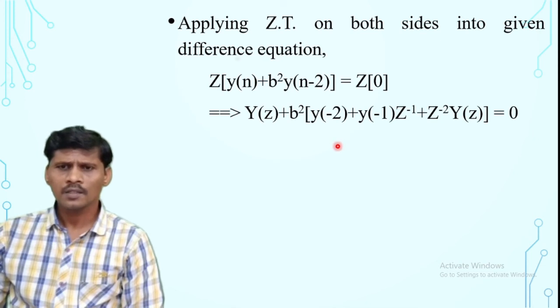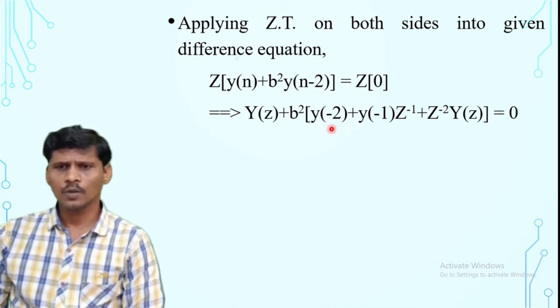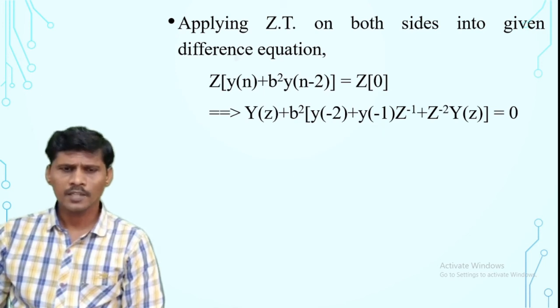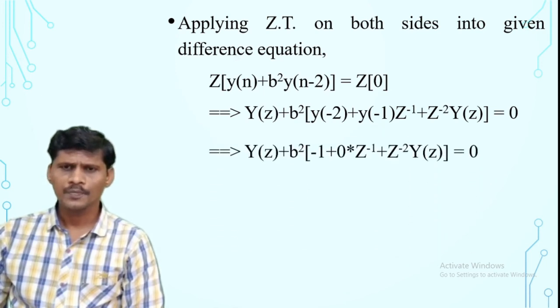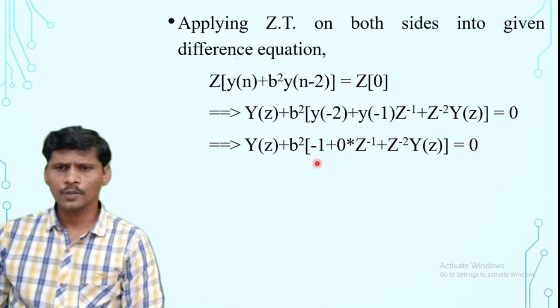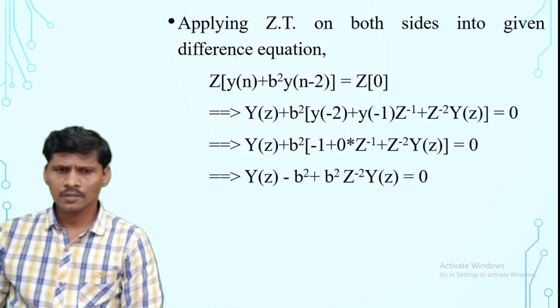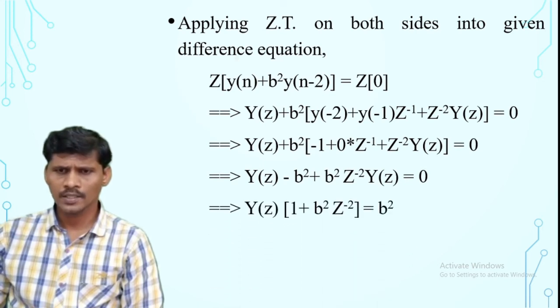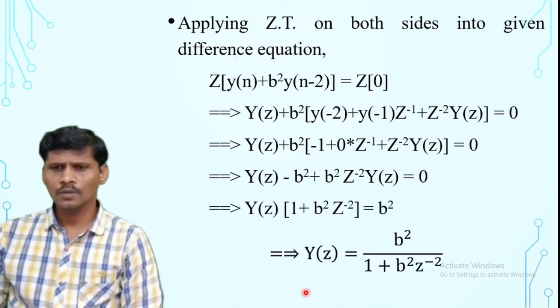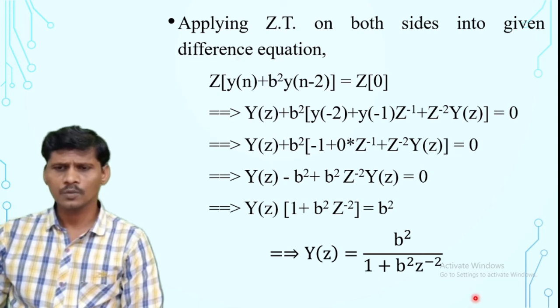Now applying the given initial conditions, y of minus 2 is minus 1 and y of minus 1 is 0. So therefore, y of z plus b square into minus 1 plus z power minus 2 y of z. Simplifying this expression, we get y of z is equal to b square by 1 plus b square z power minus 2.